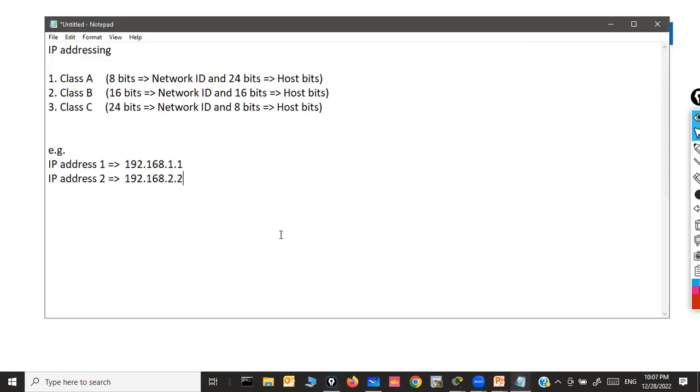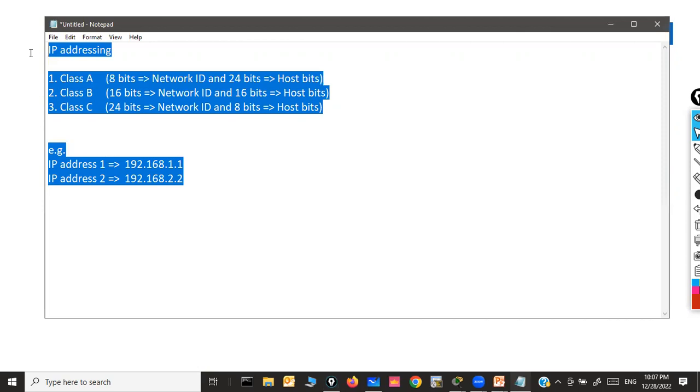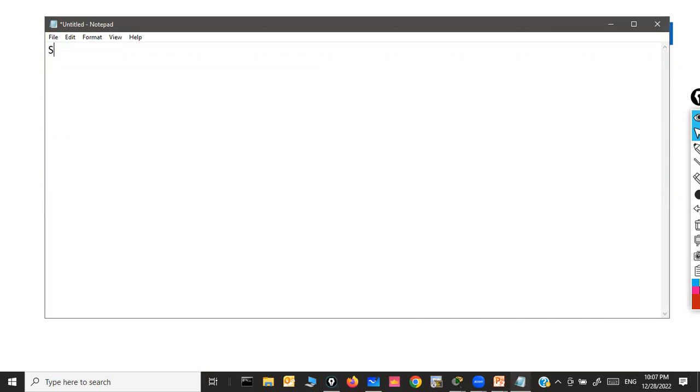So the three important topics we discussed today: subnet mask, CIDR notation or representation, which is another way of representing network and host bits, and binary to decimal conversion.